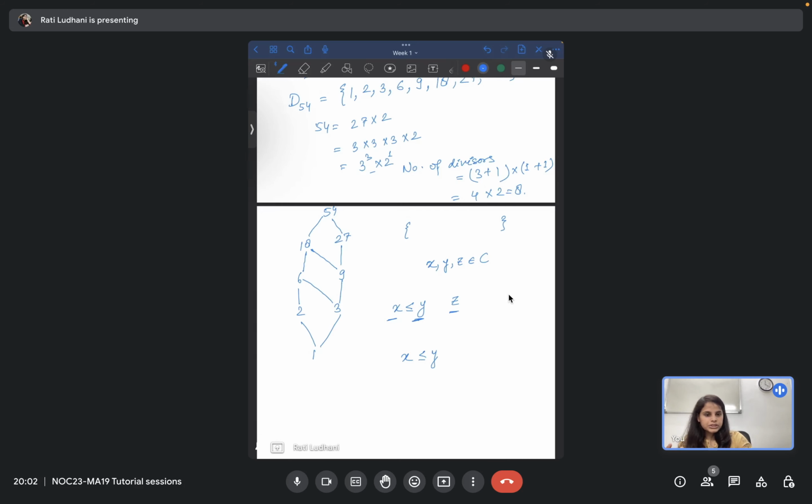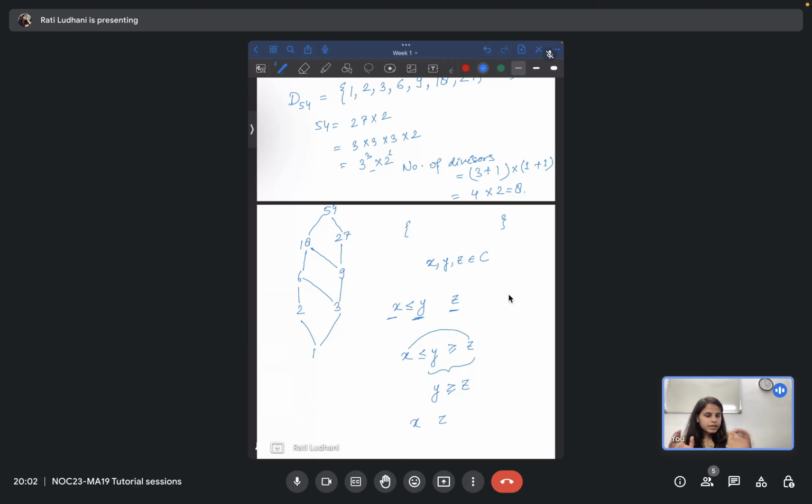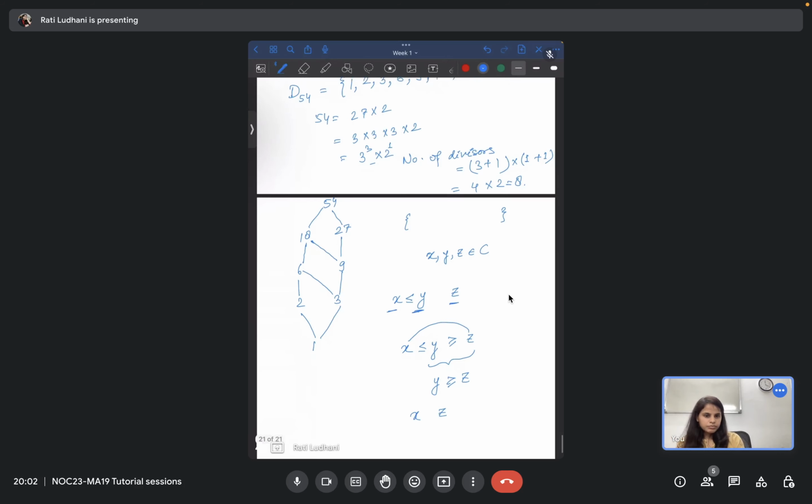Now you are talking about z. Where should z fit? You are saying x is less than or equal to y. Now z should be related to y. It could be like this, right? It could be like z is greater than or equal to y is greater than or equal to x. But in that case, there should be a relation between x and z also, because these are elements of a chain.